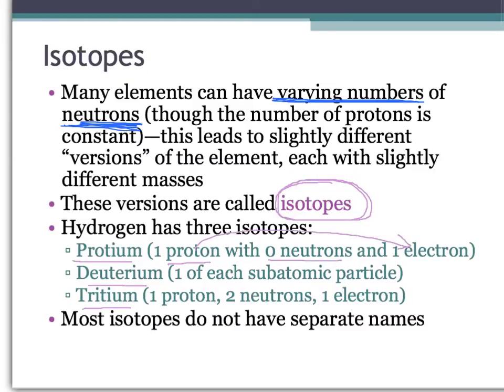If there's 1 proton, there's always going to be 1 electron. The second isotope is deuterium, and in this case, there's 1 proton, 1 neutron, and 1 electron, so 1 of each. The last type is tritium, 1 proton, 2 neutrons, and again, 1 electron. So in this case, we see some examples of a really simple atom and the ways that the subatomic particles can vary.